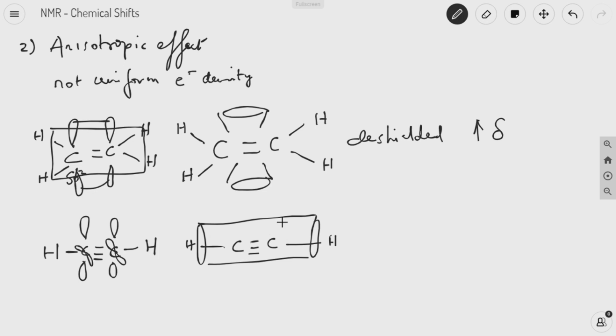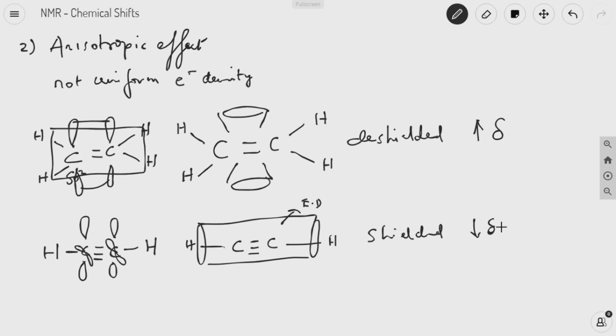You can see these hydrogens are in line with the electron density, so they get more shielded. Hence the value goes down. If they are shielded, the del value goes down. If they are de-shielded, the del value goes up.